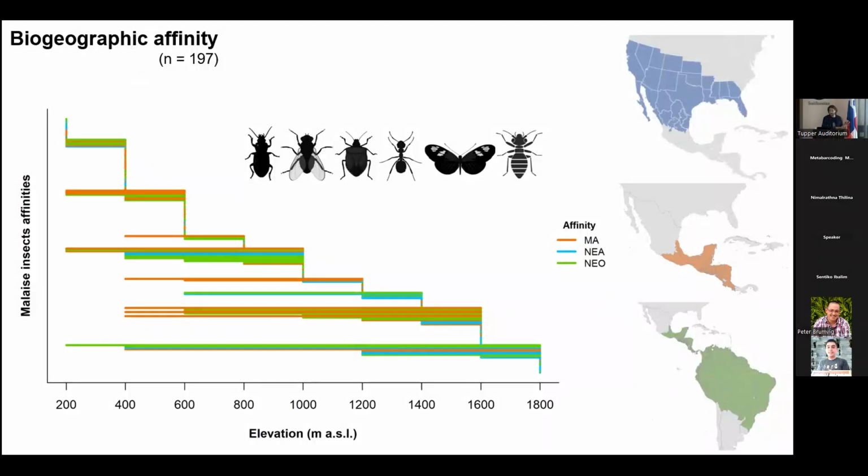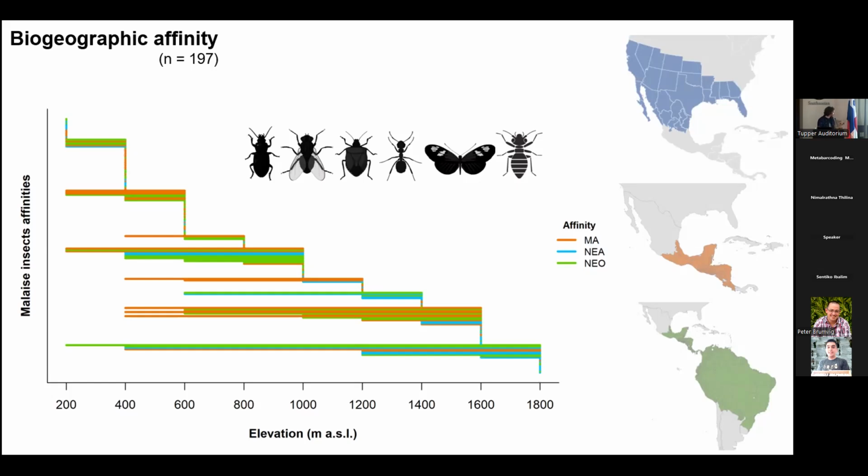It's not really biogeographic origin, because for that we would need more proper analysis, but based on the known distribution of selected taxa, 200 in this case, we try to assign them into three principal groups: species with Nearctic distribution, species with Mesoamerican distribution, only located in South Mexico and Central America, and then species with neotropical distribution, which is anyway from Brazil all the way to Central America.